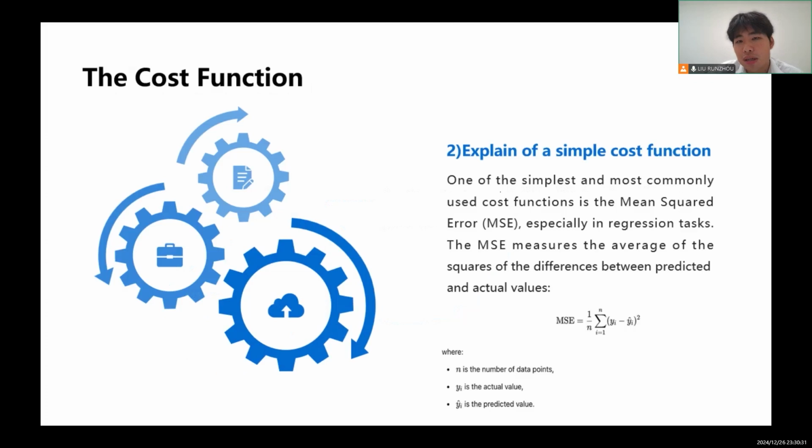The second question is, explain a simple cost function. One of the simplest and most commonly used cost functions is the mean square error, referred to as MSE, especially in regression tasks. The MSE measures the average of the squares of the difference between predicted and actual values, and this is the formula of MSE.